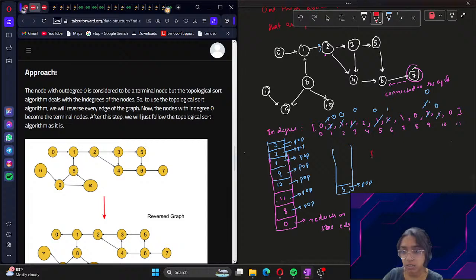Toposort nodes, the order is 0, 8, 11. This one is actually supposed to be here, so wait, let us just put 1, 10, 9, 2, 3, right. This is toposort.